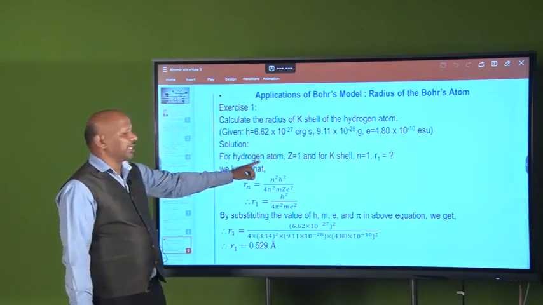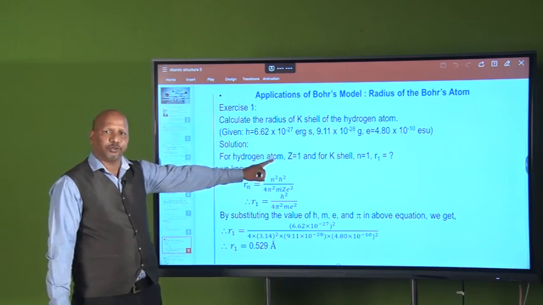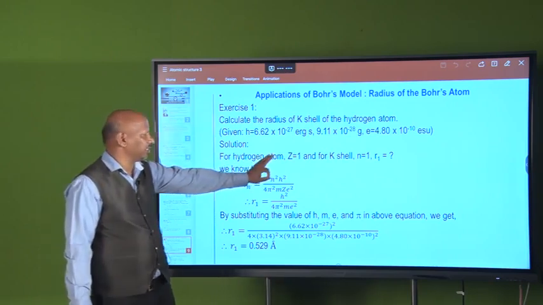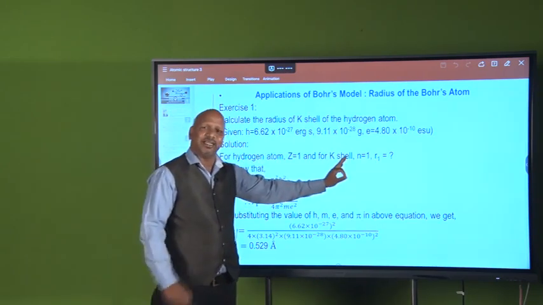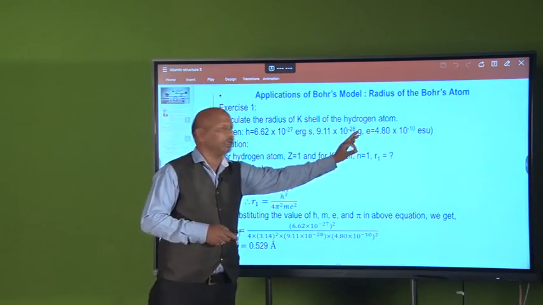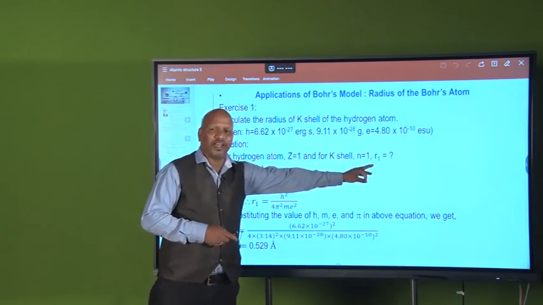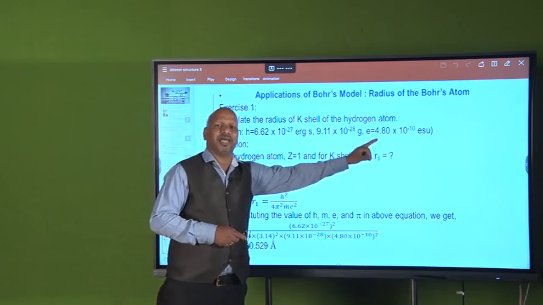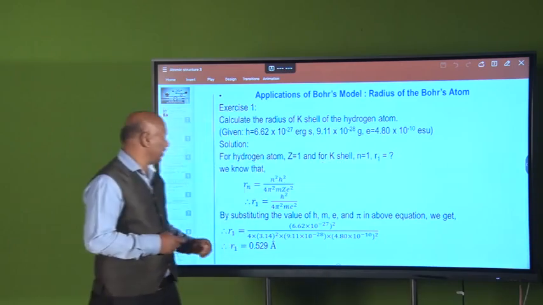Now what is the solution? For hydrogen atom, Z is equal to 1, the atomic number, and for the K shell, n is equal to 1. We have to find out the radius of that first orbit, that is R1.